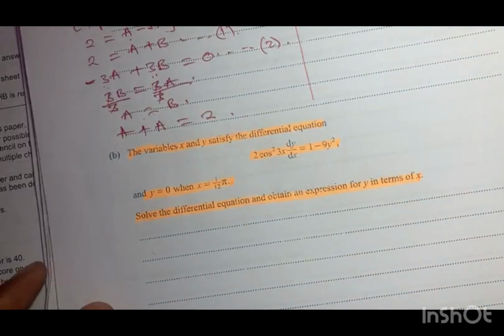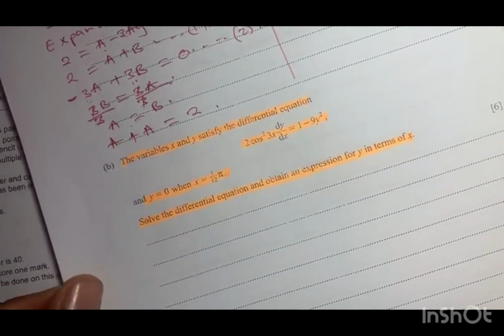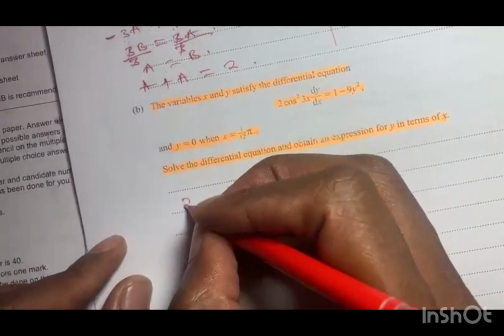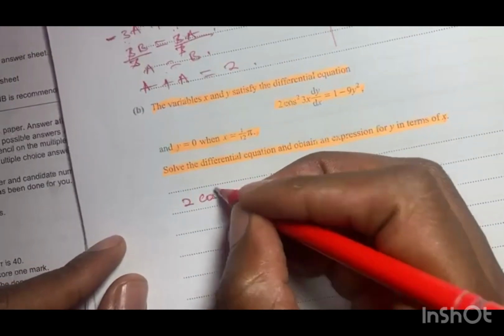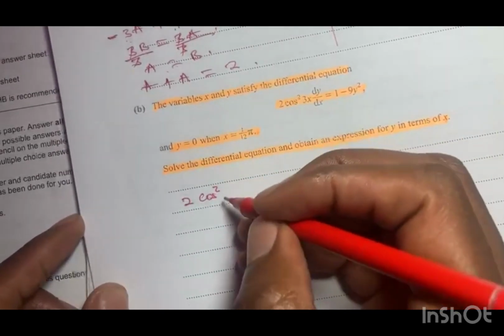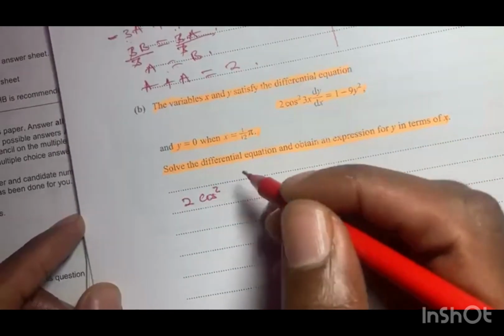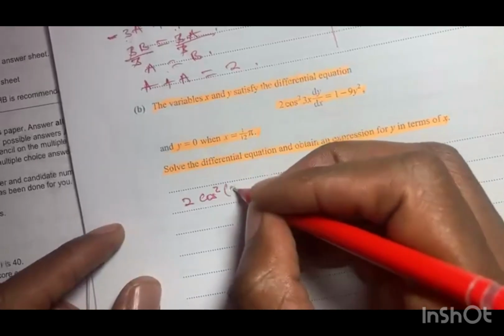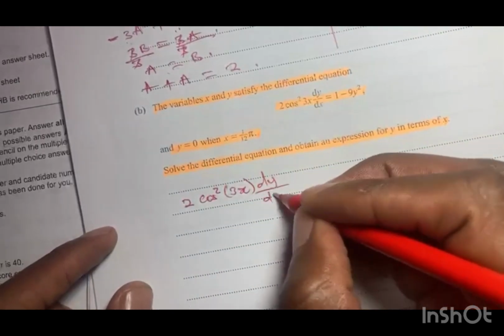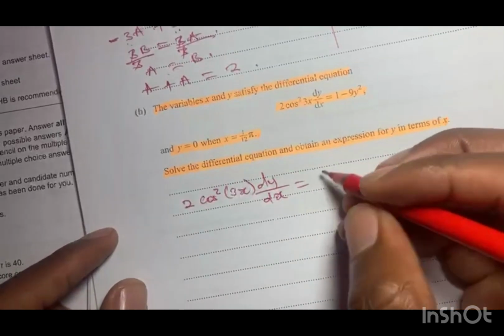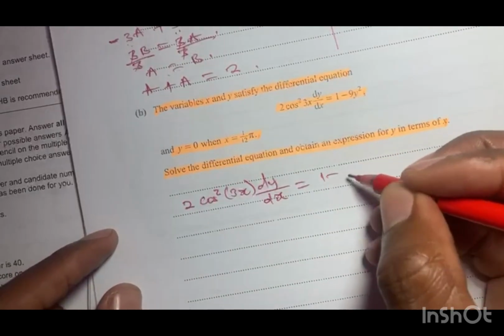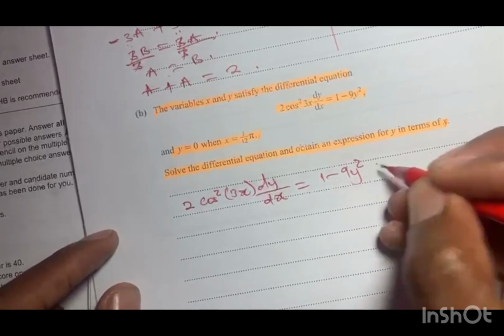So maybe just to repeat it again, 2 cos squared 3x dy dx is equivalent to 1 minus 9y squared.